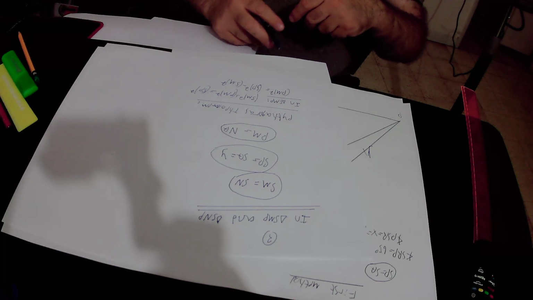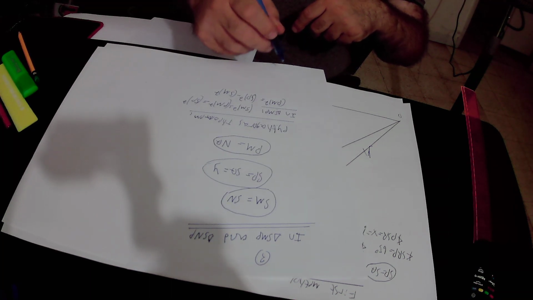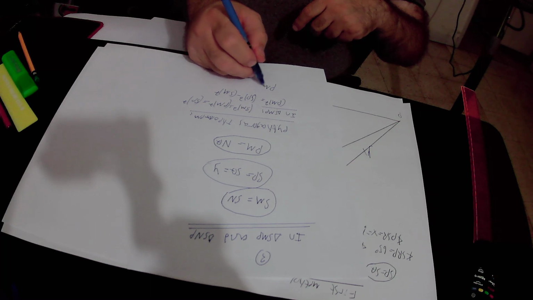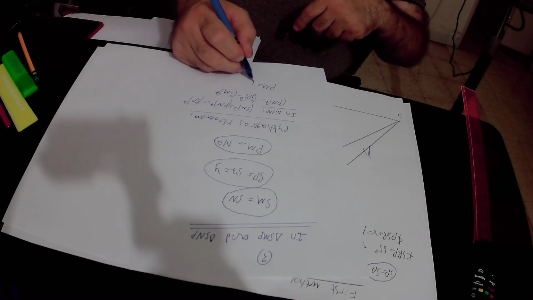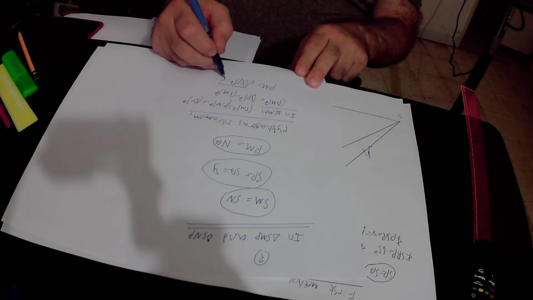So here we will take a root out of this equality, and we will get that PM equals the root of SP square minus SM square.